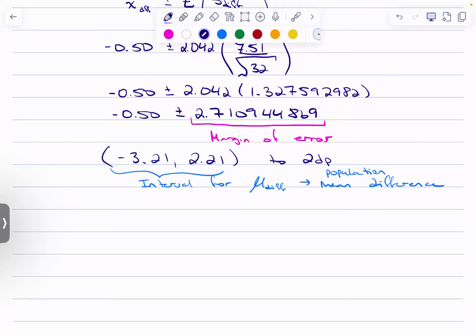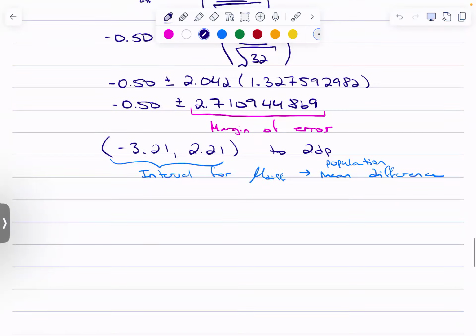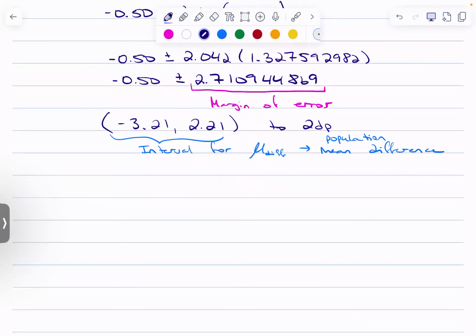How we start our interpretation, and you have to interpret the confidence interval, it's half your marks. So this is only half of it. We use the same blurb as always. We built a 95% confidence interval.